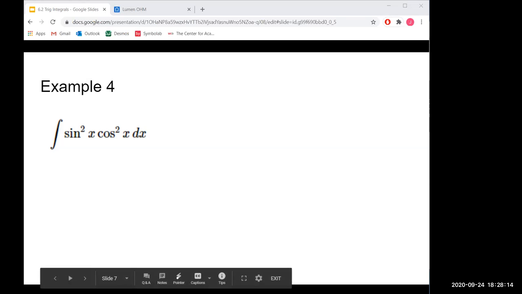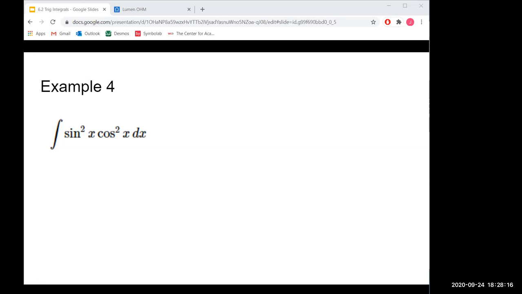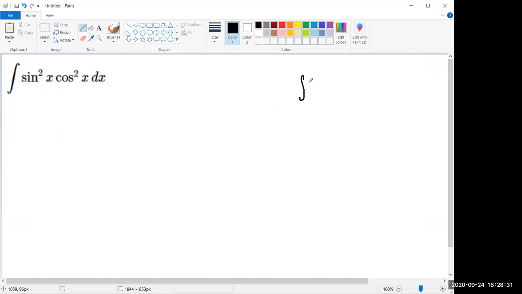While everyone's doing that question, I'm going to try to address the question that Queenie just wrote. The previous question was sine cubed of x times cosine to the fifth of x.